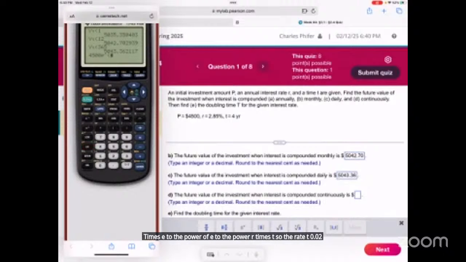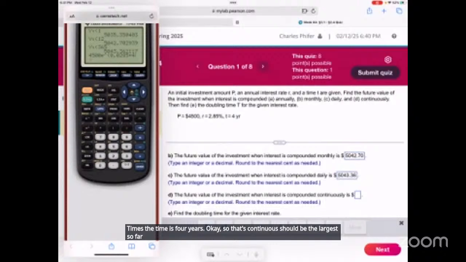Okay, so that's continuous. It should be the largest so far. 50.43.38. Ooh, they might mark that one wrong.